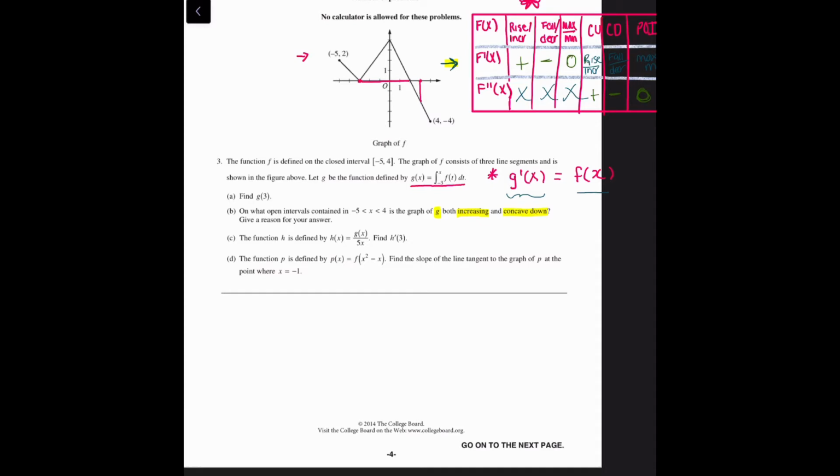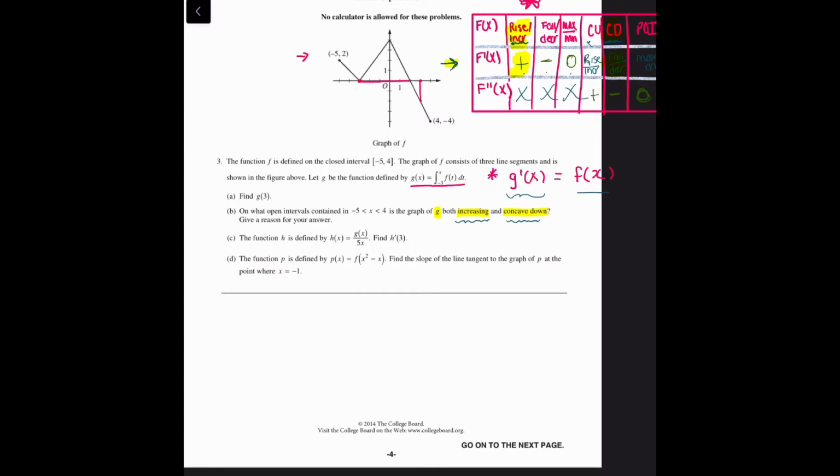So I have the graph right here, and I can tell where it's positive, negative, 0, rising, falling, etc. In order to be increasing and concave down, let me highlight both of those. I want to look at where this graph is positive and where the graph is falling or decreasing.